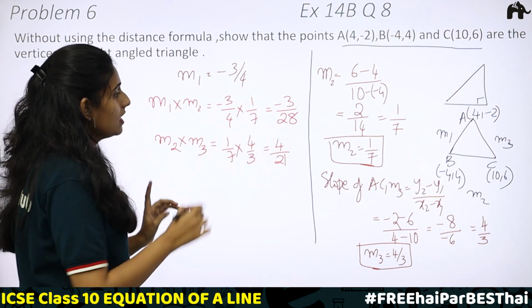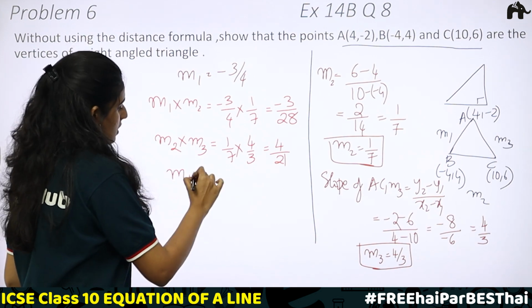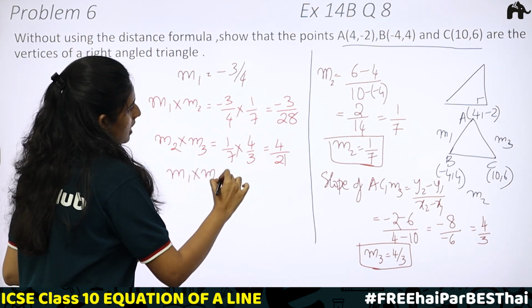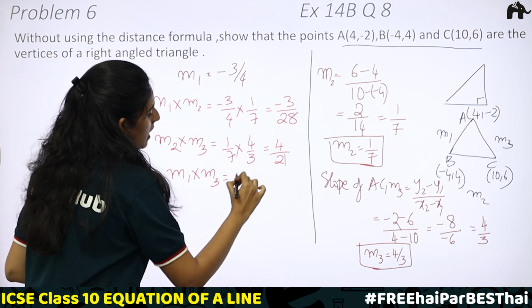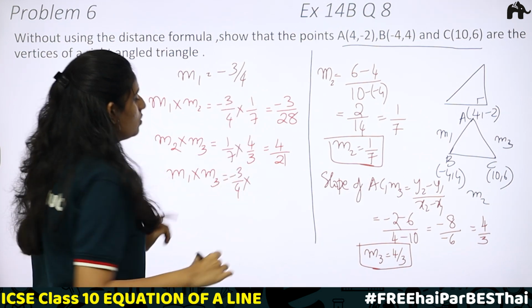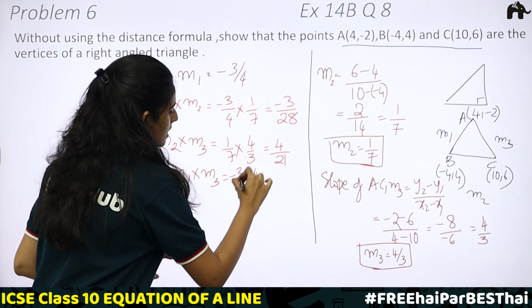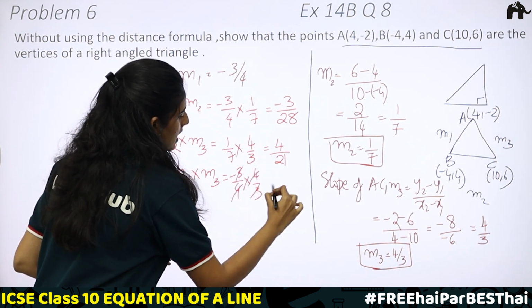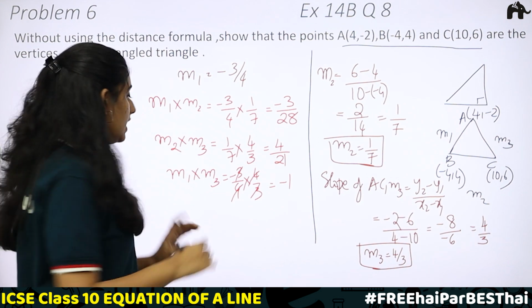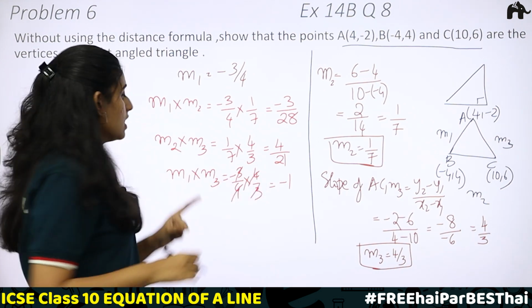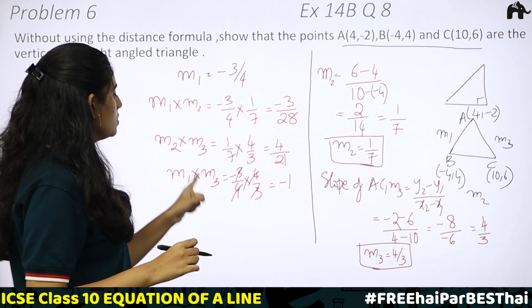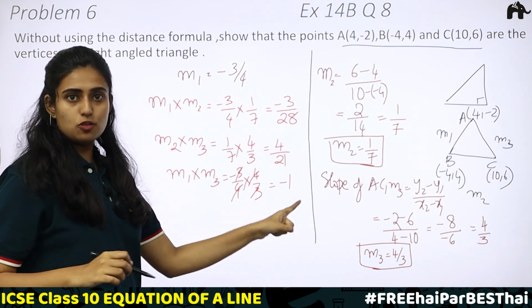Next we will be taking m1 and m3. m1 into m3 is equal to m1 is minus 3 divided by 4 into m3, m3 is 4 divided by 3. 4 by 3. 3 gets cancelled. 4 gets cancelled. We have minus 1. Here we are getting minus 1. That is slope of AB into slope of AC is equal to minus 1.